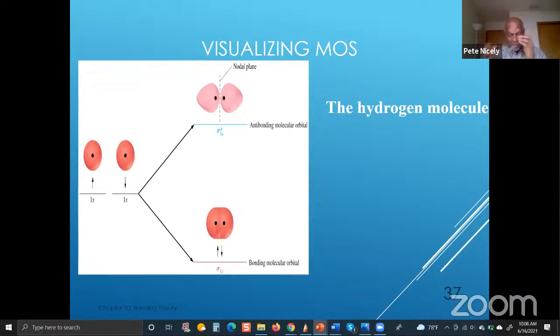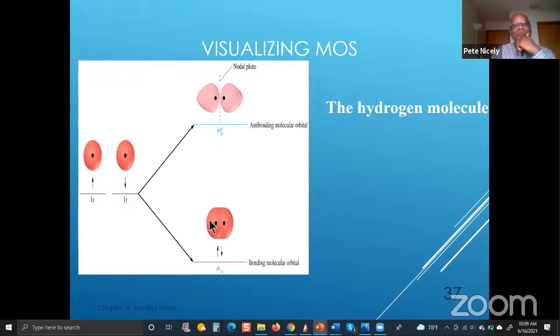Okay, so just to give you an example, starting with hydrogen, simplest example, we know that hydrogen is a diatomic molecule consisting of two atoms, and each atom, in order for the bond to form, must have an electron in its 1s orbital spinning in opposite directions. So this is one hydrogen atom, this is the other, and as you can see here, the 1s electrons are spinning in opposite directions.